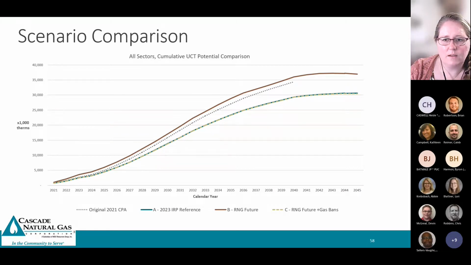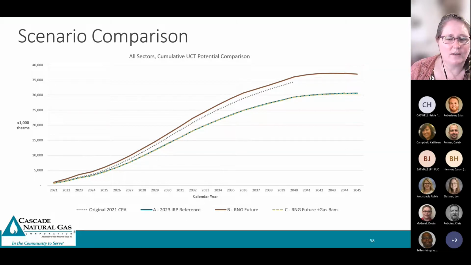So this slide is a line graph version showing the same data as the previous bar graph, but expanded through the time horizon of 2045 for the 3 scenarios. You'll note the RNG future scenario with the highest avoided costs peaking in the chart, while our scenario A, which is that 2023 IRP reference case, and scenario C, the RNG future and gas ban scenarios, are nearly identical throughout the time horizon.